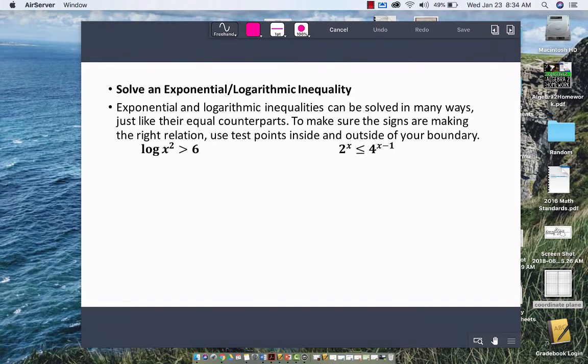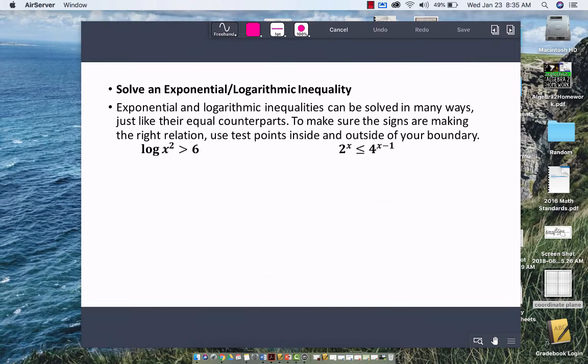So we're going to pretend that there's an equal sign there. But then we want to make sure that we are using the right relation, so we are going to use a test point inside and outside of our boundary, just in the end, to make sure that we're putting the right sign in there. Because I know a lot of times there can be some confusion when we're moving things from side to side here.